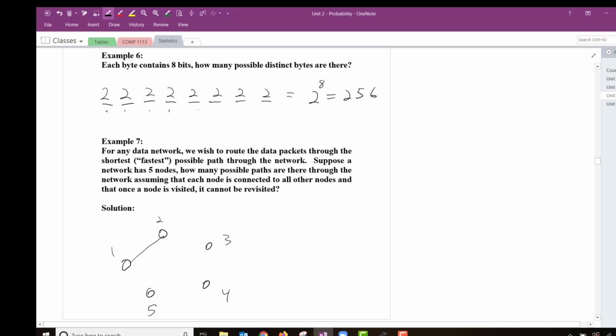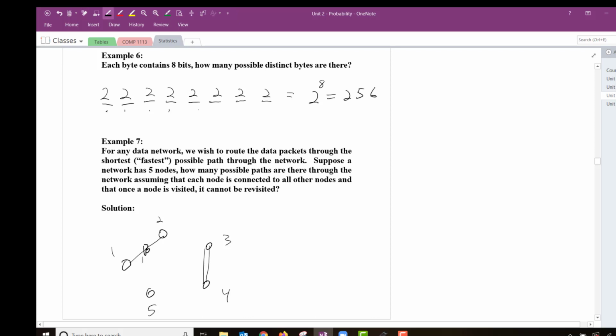Suppose we want to get through the entire network. So I want to send information from one node to all the nodes. So I could go 1, 2, then 5, then 3, then to 4. That's one path. Or I could go 1 to 5, to 3, to 4, etc., and so on. We want to count how many paths there are.